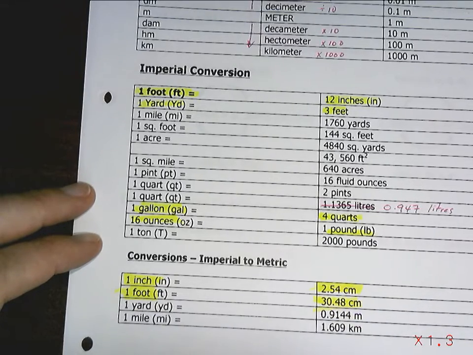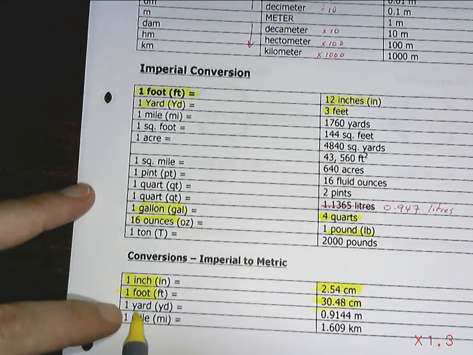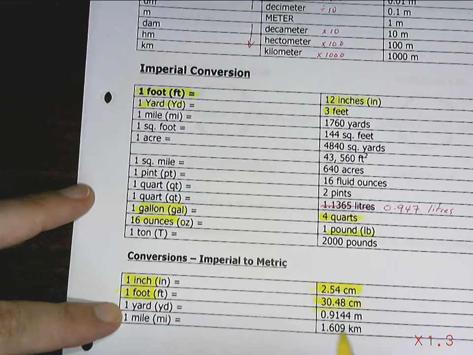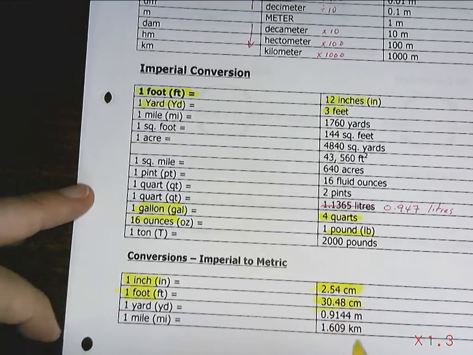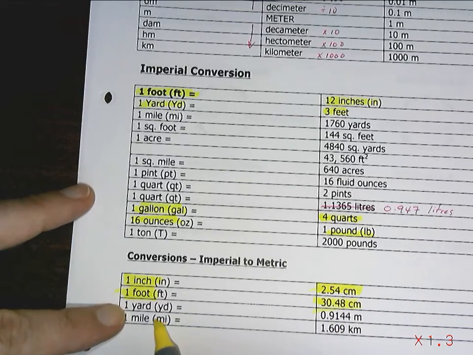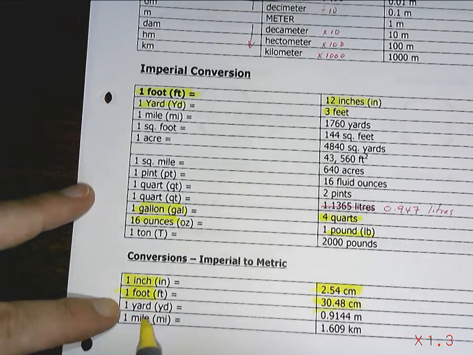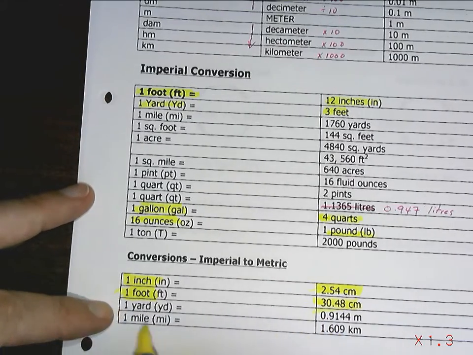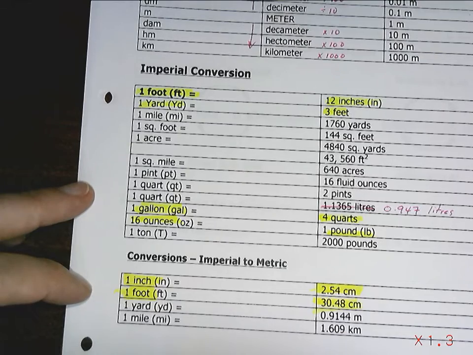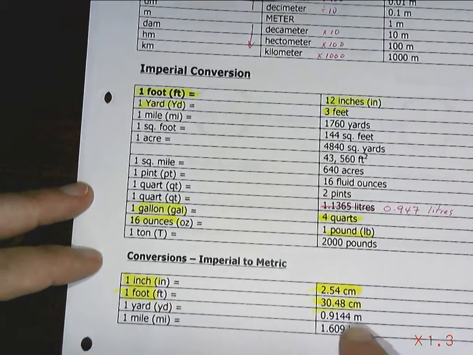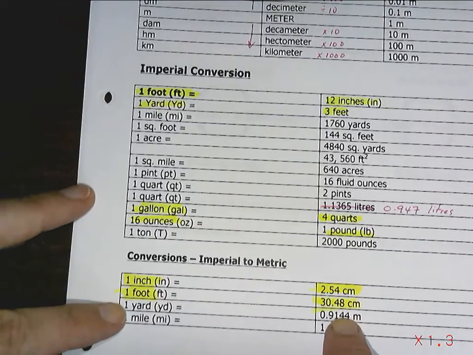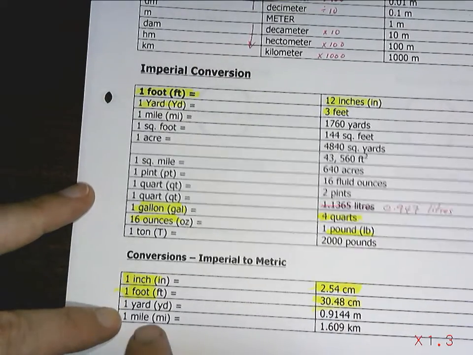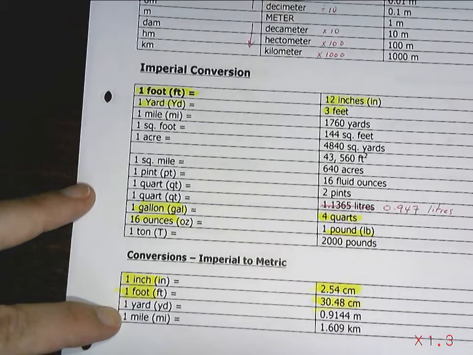A yard, what you need to know is that a yard is bigger than a meter. Okay, so a meter is 0.9. No, I'm sorry, a meter is larger than a yard. Let's see, 1 yard is 0.9 meters, yeah. So a meter's bigger than a yard, and a mile is bigger than a kilometer.